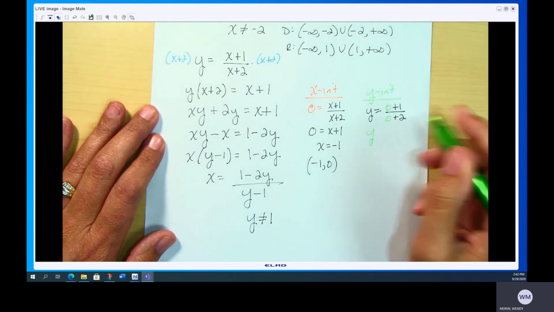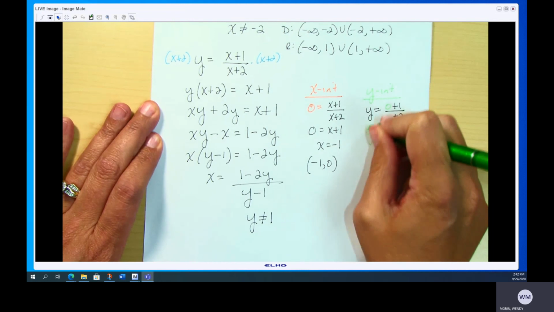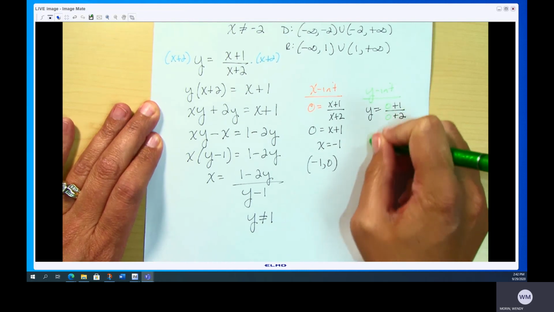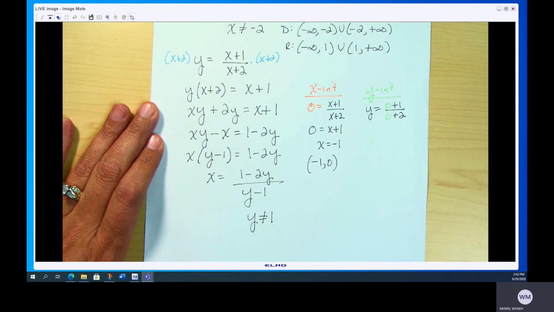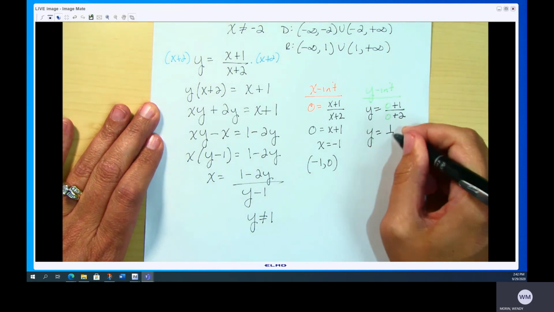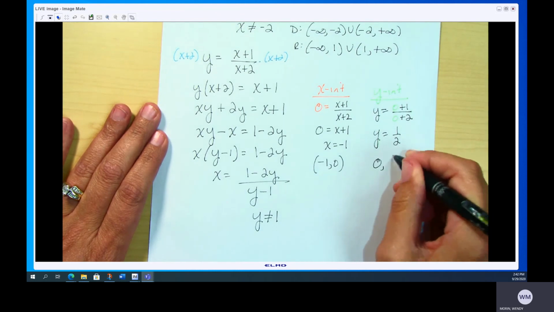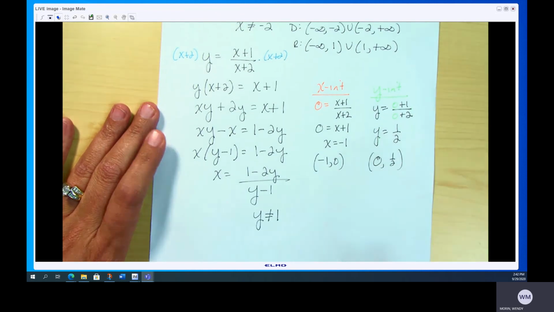So y equals 1/2. So that means (0, 1/2) is on the graph.